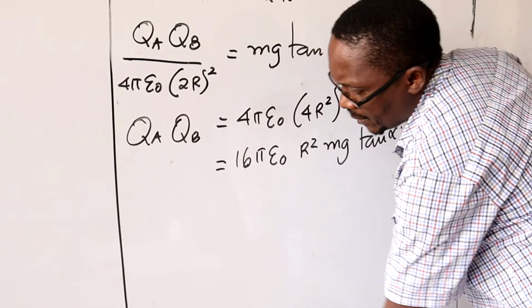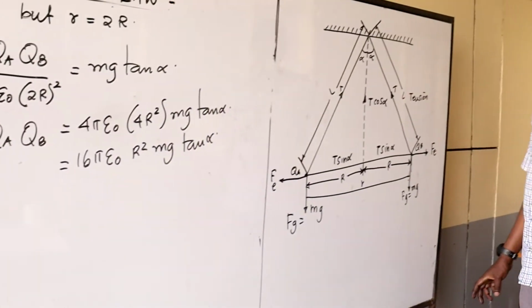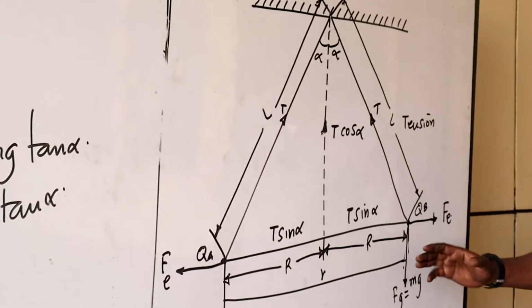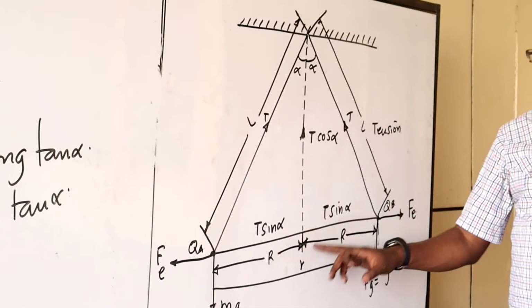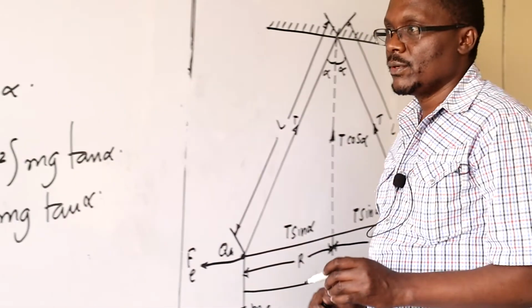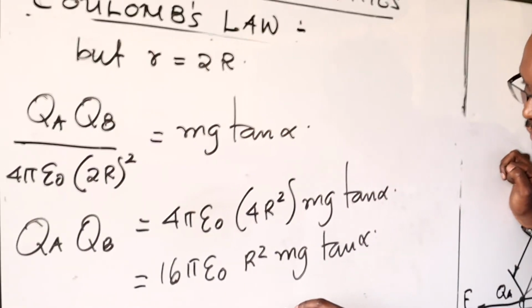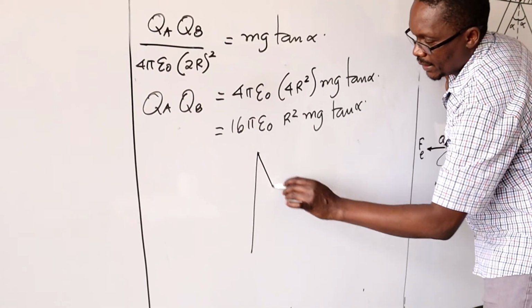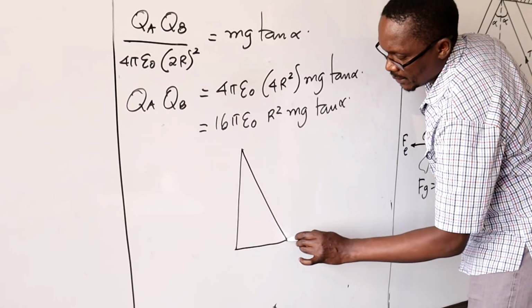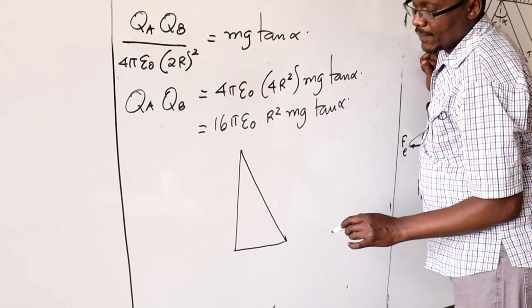Now look at our drawing. If we look at our drawing and we only consider the lengths, because we want to get the value of R, maybe I can have a small drawing here that only represents the lengths, because we have a thread and we have that. So that is a section of that.